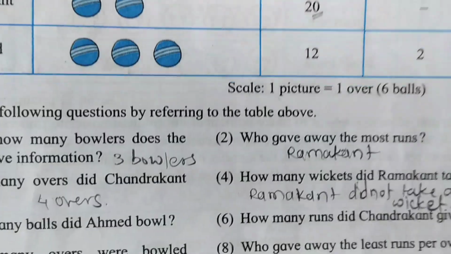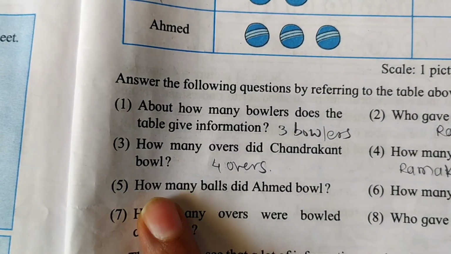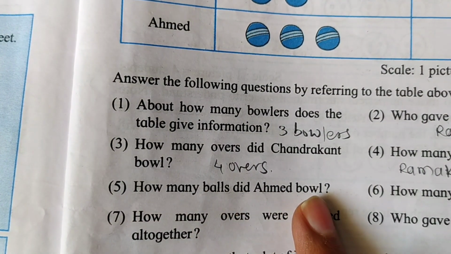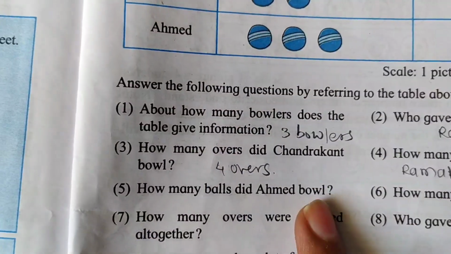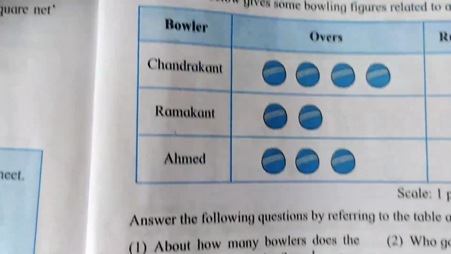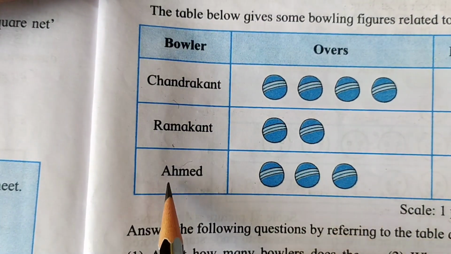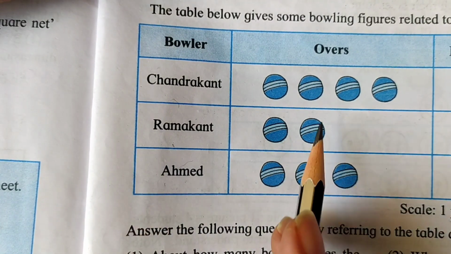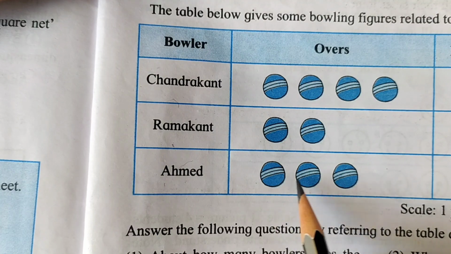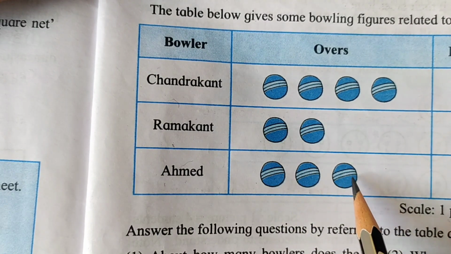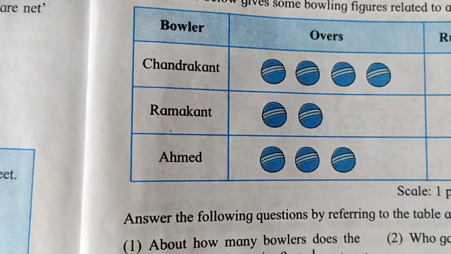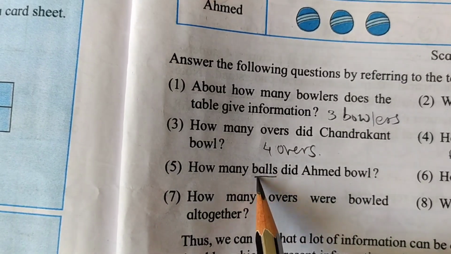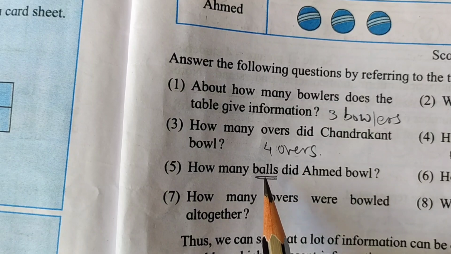Now the fifth question. How many balls did Ahmed bowl? Now look at Ahmed's column. Here he is, Ahmed, in third place, and he bowled 1, 2, 3 overs. But they ask us how many balls. Here balls are very important.